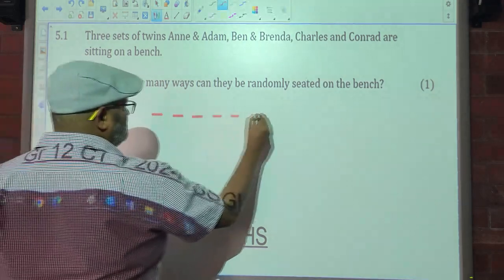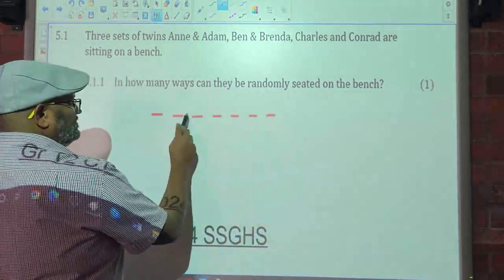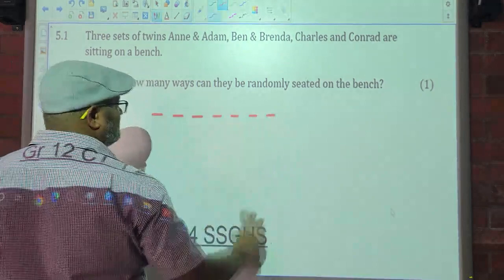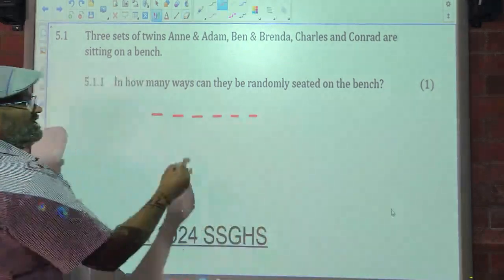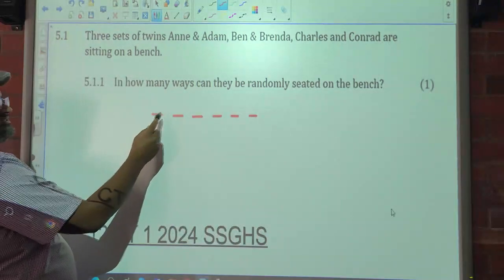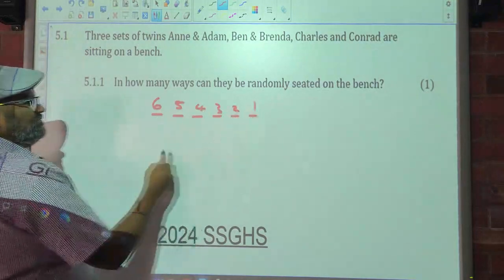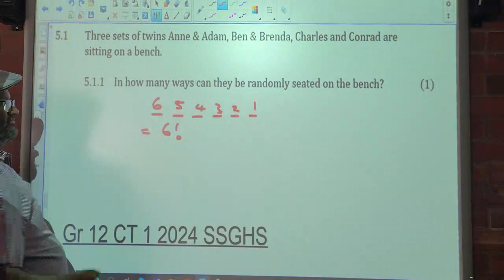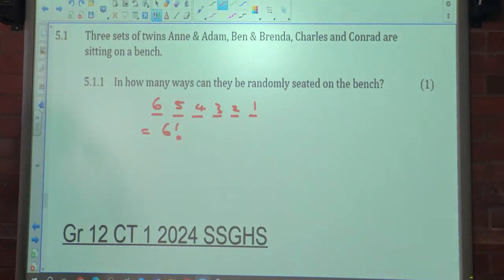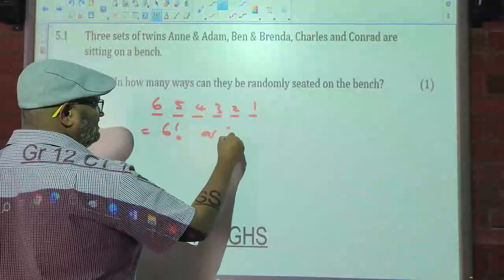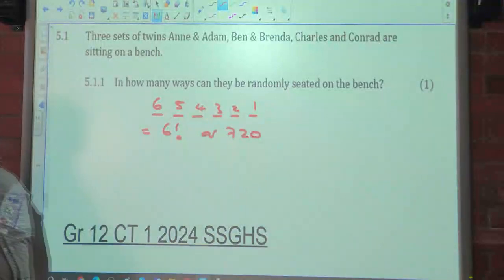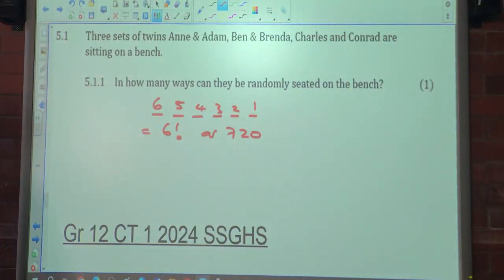They will have their own seats, no? So how many options do you have for the first case? Then 5, 4, 3, 2, 1, which is 6 factorial, which is 720. You all agree with that? Any confusion?